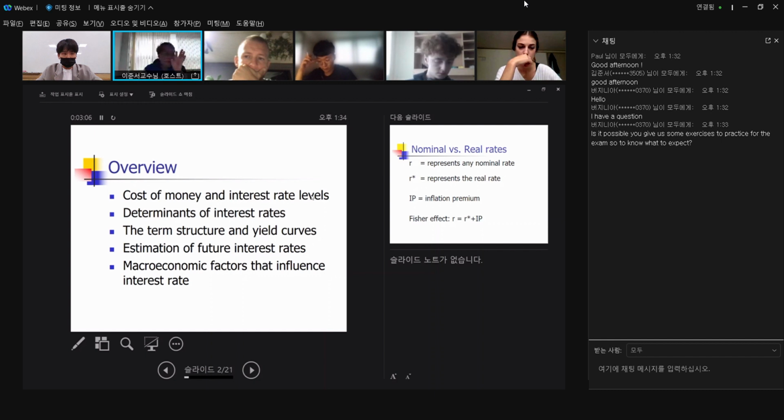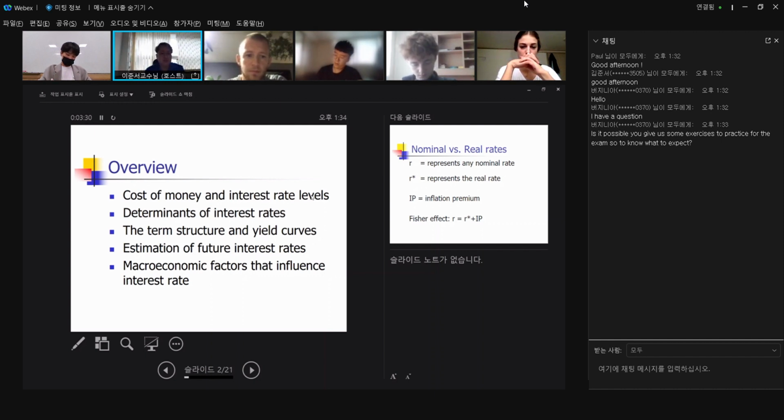So at that time, we will talk about cost of money or cost of capital from the point of view of the company. The second topic is more popular, a more common concept. So we will figure out the determinants of interest rate in a more common concept.